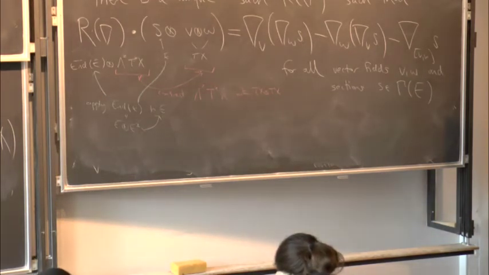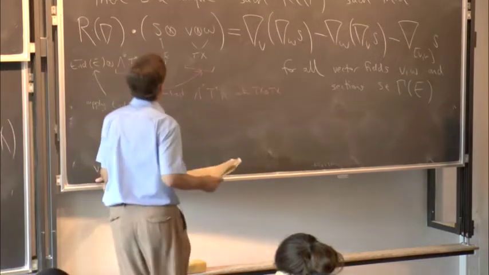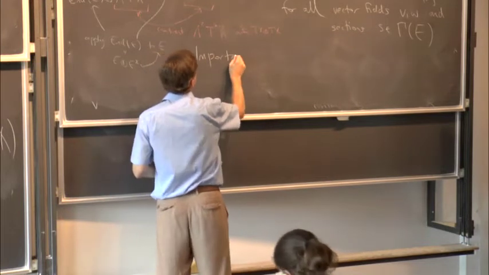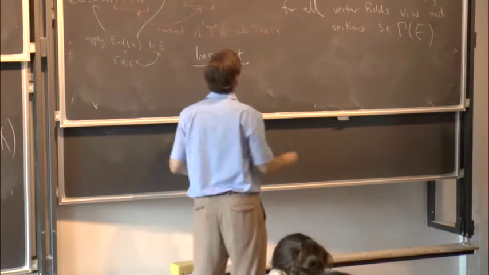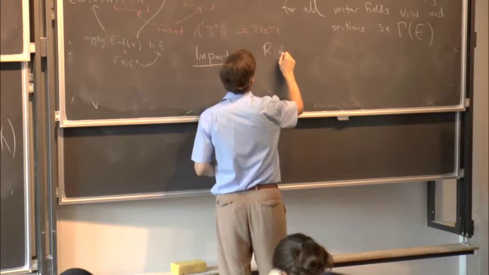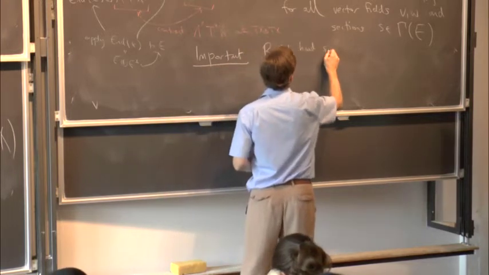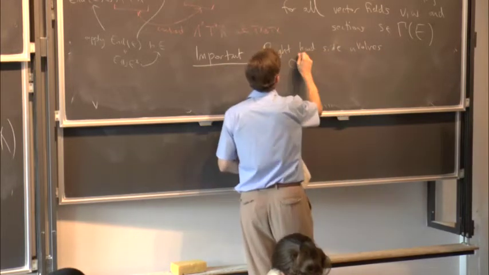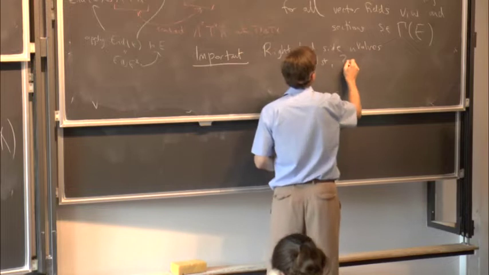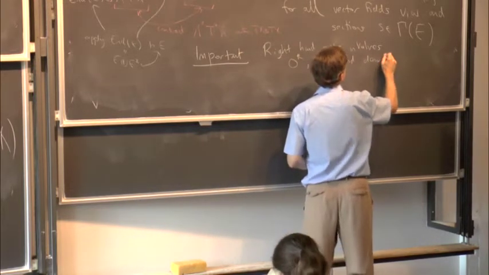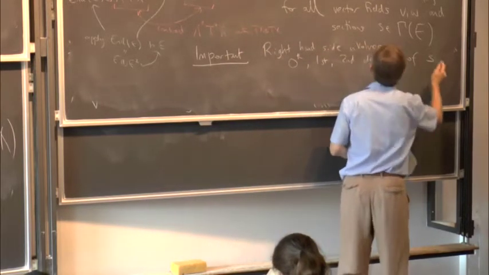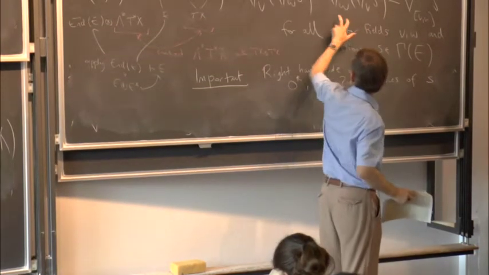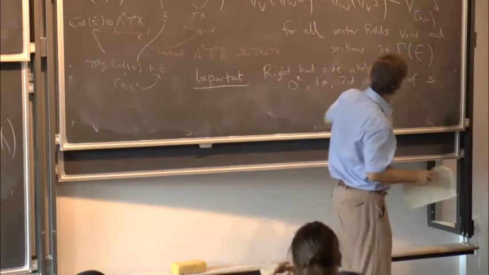Okay, so it's a horrible formula. What's important is that the right-hand side involves, well, the 0th and the 1st and the 2nd derivatives of S. Because we're taking S, we're differentiating it once, twice here, once, twice there, only once there.